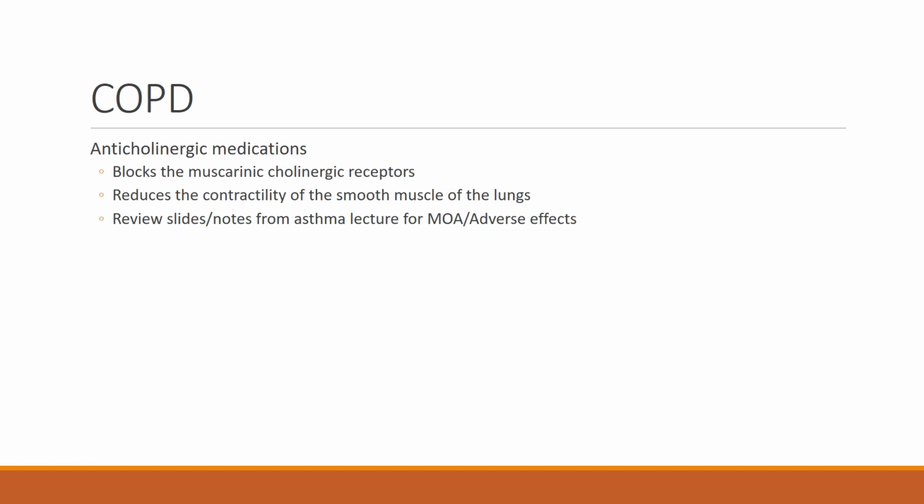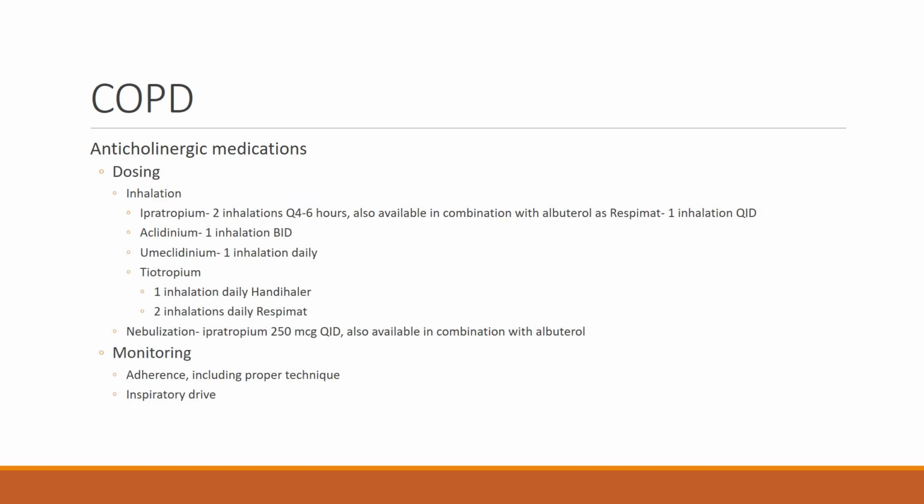So again, moving on, talking about those anticholinergic medications, recall from the asthma lecture how they work and the adverse effects to watch out for. What we're seeing is that ipratropium is 2 inhalations every 4 to 6 hours. It does come in that Combivent Respimat that I talked about with asthma.